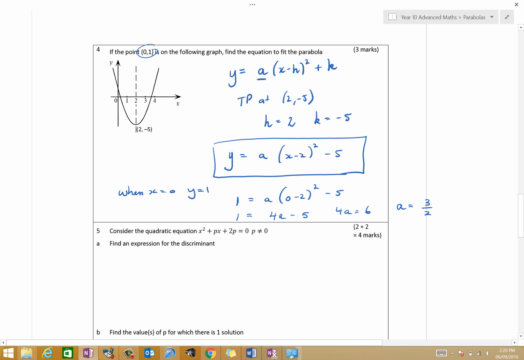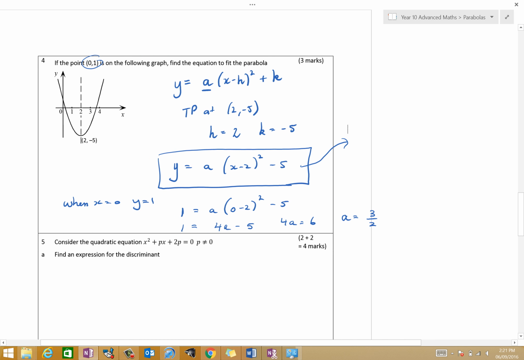Now I've found a, therefore I've found the equation. My equation is y = (3/2)(x - 2)² - 5, and that is the equation that we're after.